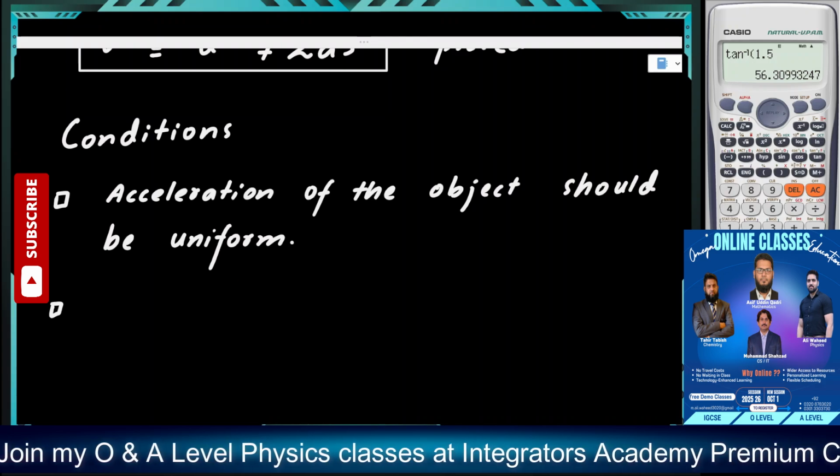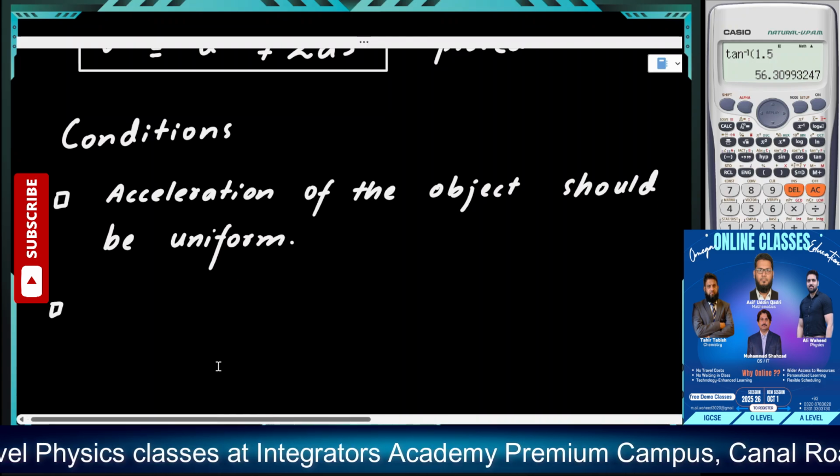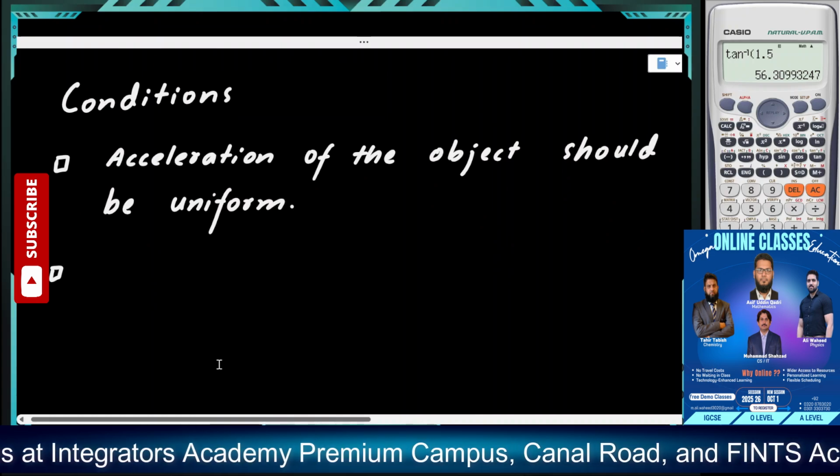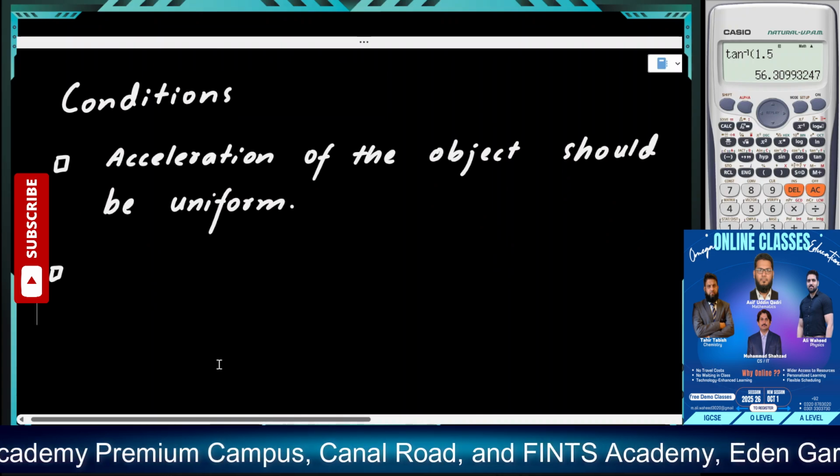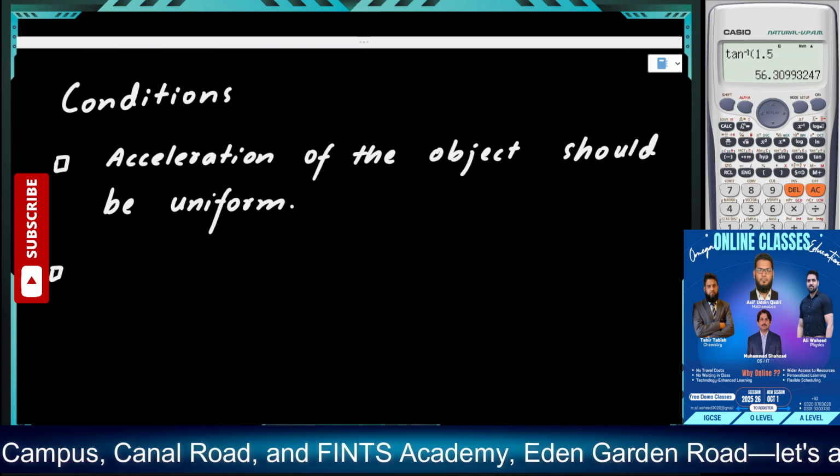The other condition is you should be able to replace speed and velocity, or interchange speed and velocity, which means the object should be traveling in a straight line.